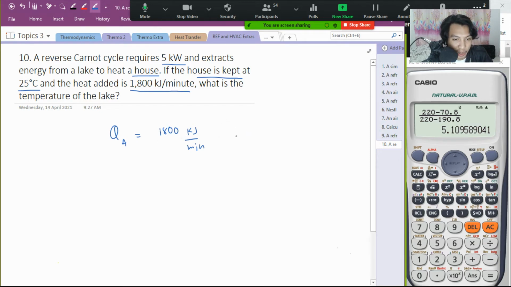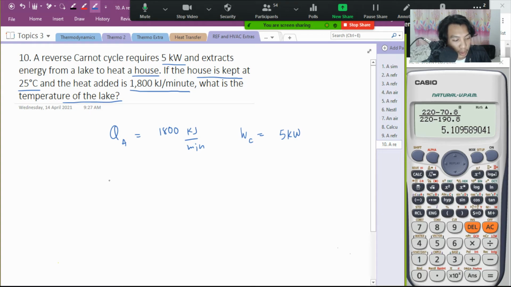So, that is QA. Ito naman yung work ng compressor. Requires 5 kilowatts of power for the compressor or the pump, heat pump. What is the temperature of the lake? Okay, binigay sa yung house. Ito yung temperature ng lake.